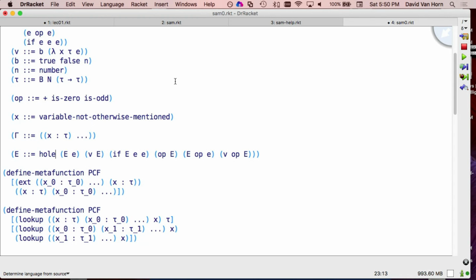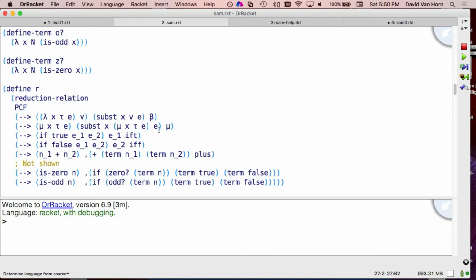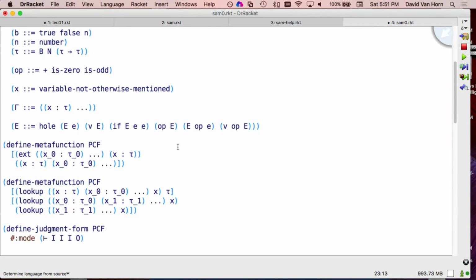Okay, and then Sam defined the reduction axioms. So let me pull those over.